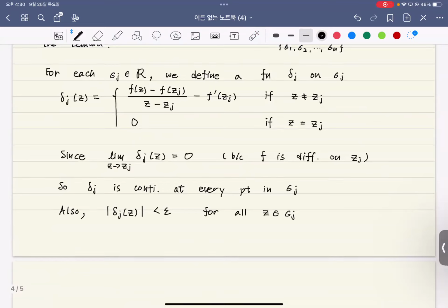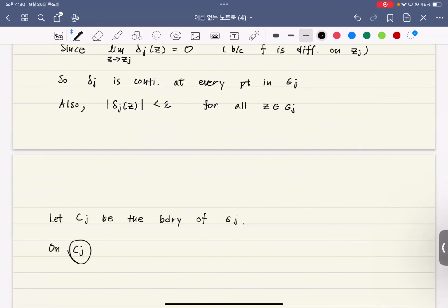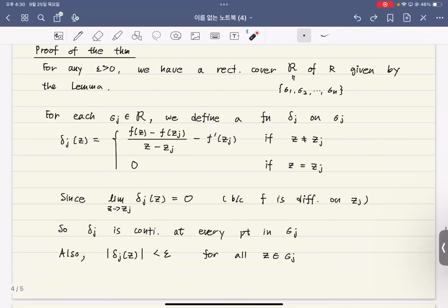On Cj, clearly the point must be other than zj, so this equality must be true. This delta j must be the same as this.